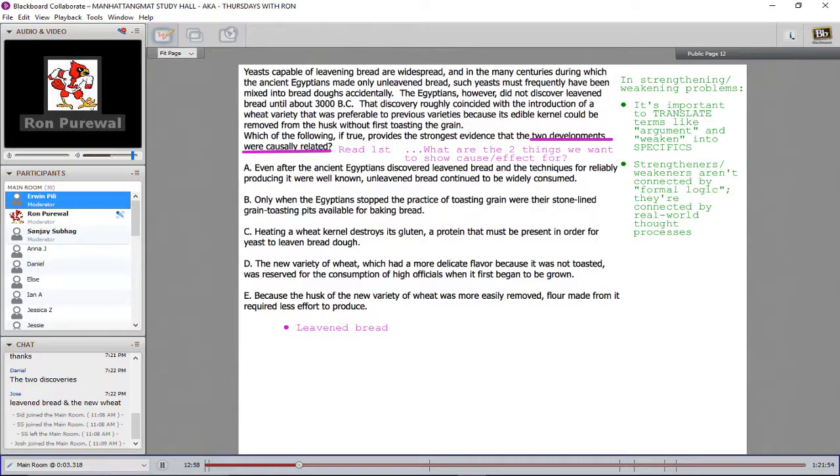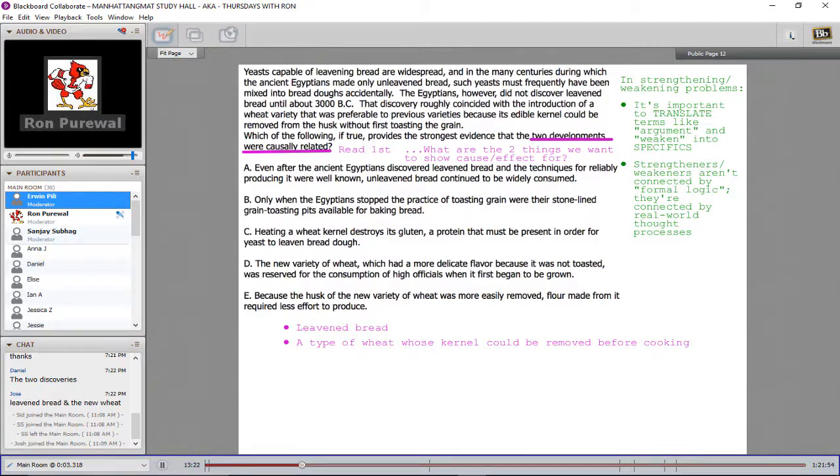So a type of wheat whose kernel could be removed before you cooked it, basically. And you want to show a relationship between these two things.